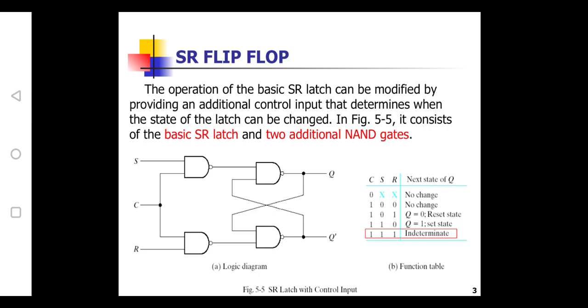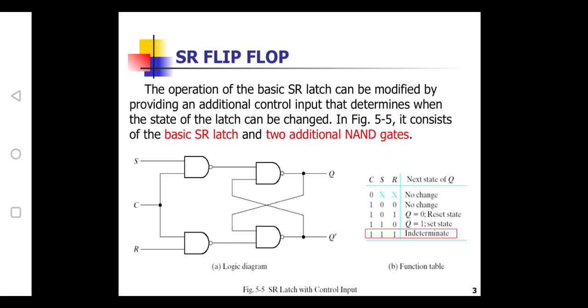When S and R both are 1 and clock is equivalent to 1, the output of the first NAND gate as well as the output of the second NAND gate will be 0. If both inputs are 0, 0 and Q is 0, the fourth gate gives Q bar equal to 1. 1 followed by 0 will give the output 0.